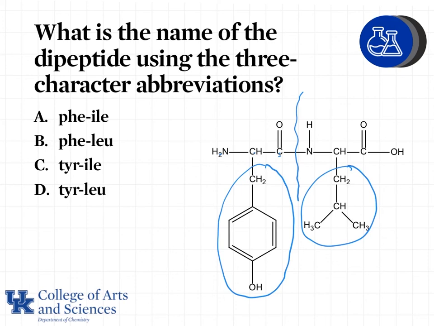So the next step is for me to look at my reference table and determine the identity of each of these amino acids. And when I look at the table, I see that the one on the left is tyrosine, and then the one on the right is lysine. I can also use the table to look up the abbreviation, so TYR and LEU. So my correct answer is TYR LEU for my abbreviation.